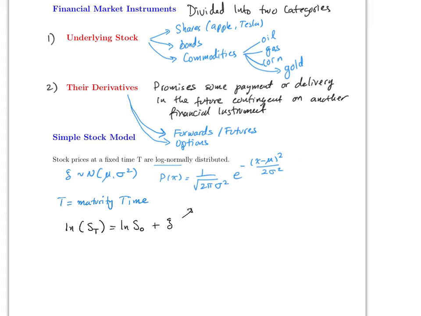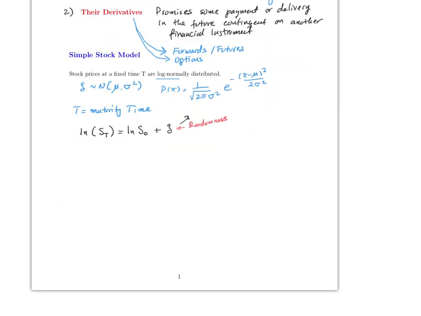This is what gives the price the randomness. Remember, S_T means price of stock at time T.